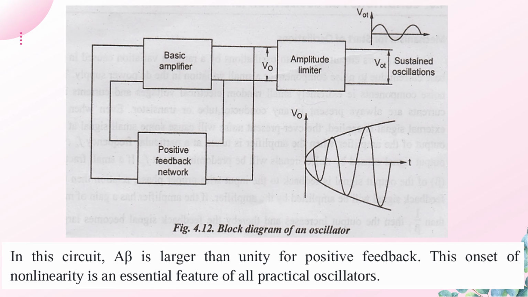So the basic amplifier consists of the term A and the feedback network consists of the parameter beta. When multiplying A and beta, we should get the unity value, that is 1. And the total phase shift around this entire circuit should be 0 degree or 360 degree in order to maintain the oscillations.